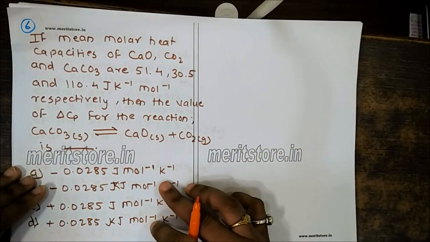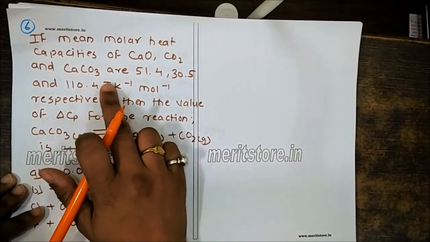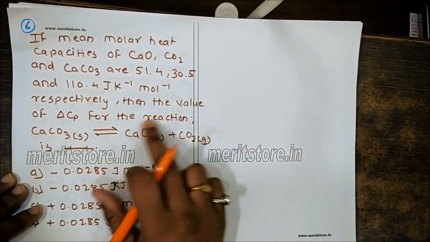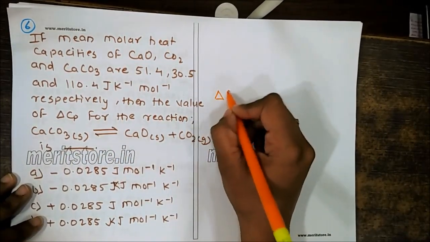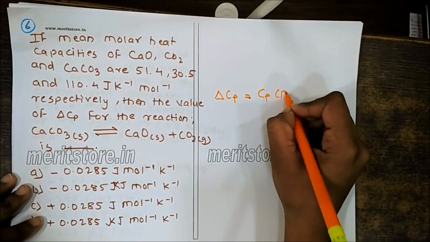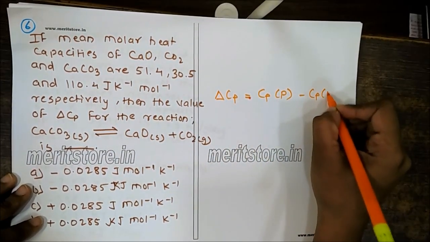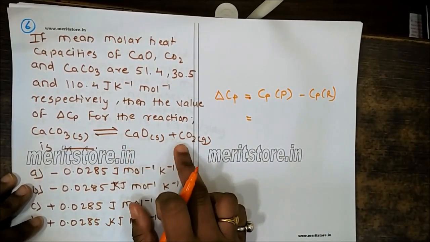If mean molar heat capacities for calcium oxide, carbon dioxide and calcium carbonate are given over here, we have to calculate the delta Cp for the given reaction. Now here delta Cp for the given reaction is nothing but the Cp of the product minus the Cp of the reactant. In the product side, we have calcium oxide and carbon dioxide.